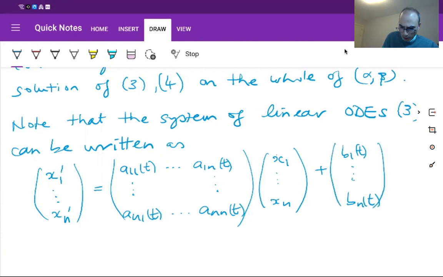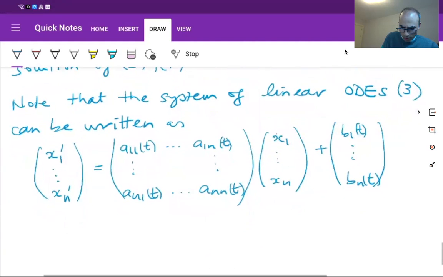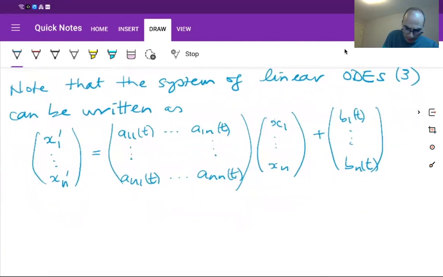Now we can write this more concisely, i.e. x prime, where x is the vector x1 up to xn, is equal to A, some matrix, times x plus b(t).